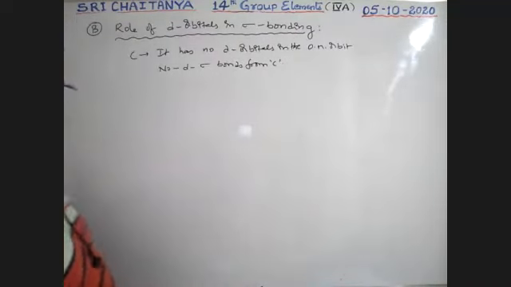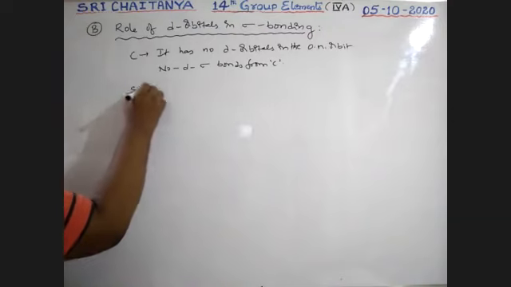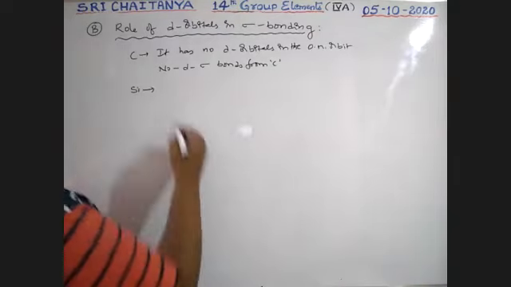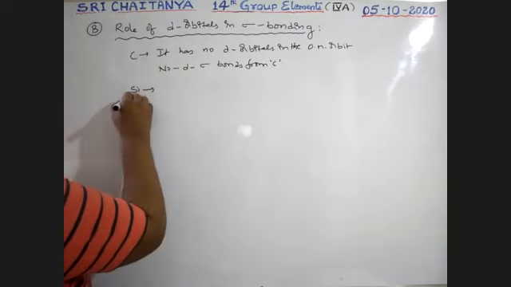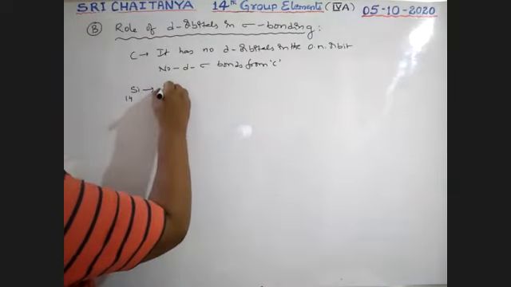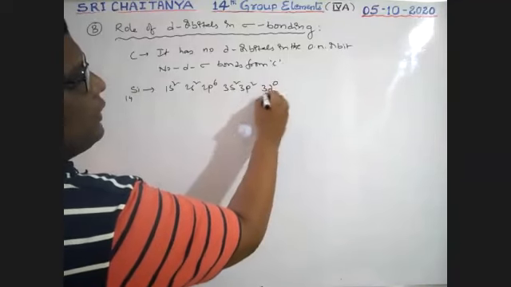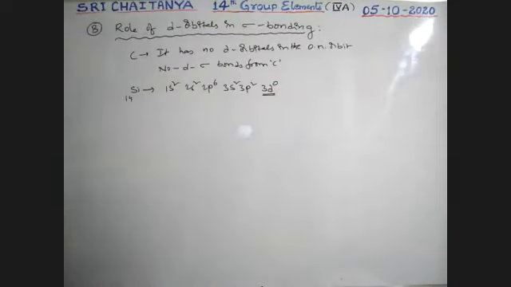Next, I am taking silicon. Silicon has atomic number 14, electronic configuration 1s2, 2s2, 2p6, 3s2, 3p2. That means 3d0 is also there. That means the outermost orbit contains d orbitals.